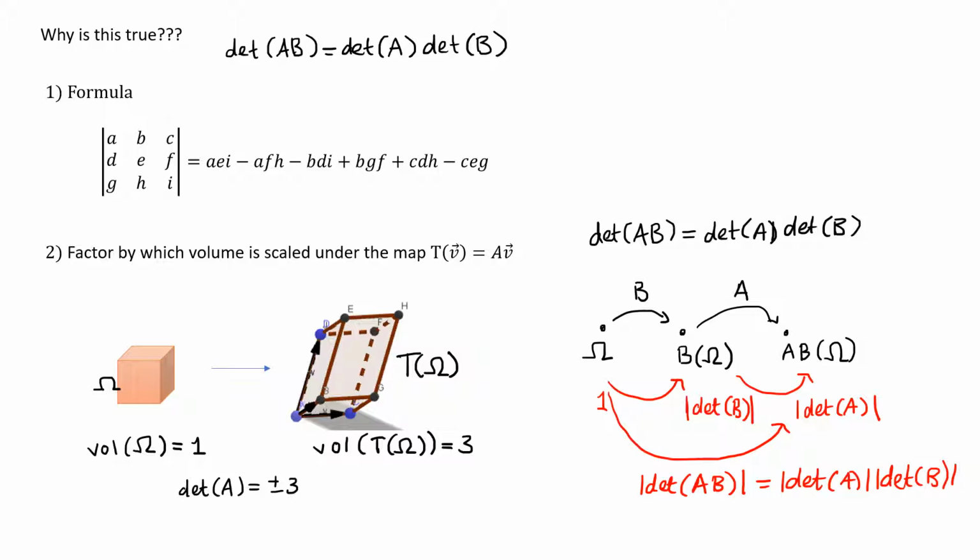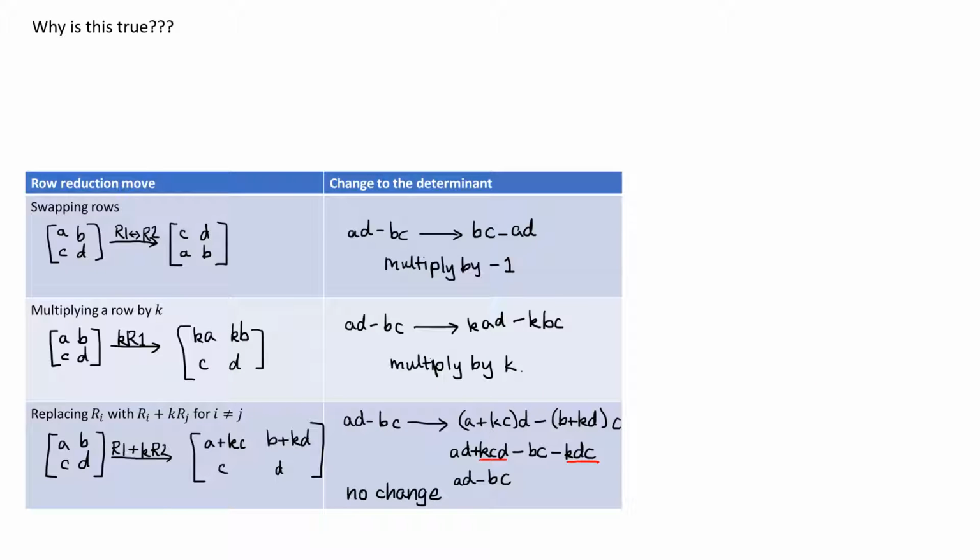Okay, so let's see this in action. So here on the left we have our 3 row reduction moves. And the idea here is that row reduction can actually be thought of as just multiplying our matrix on the left by what are called elementary matrices.